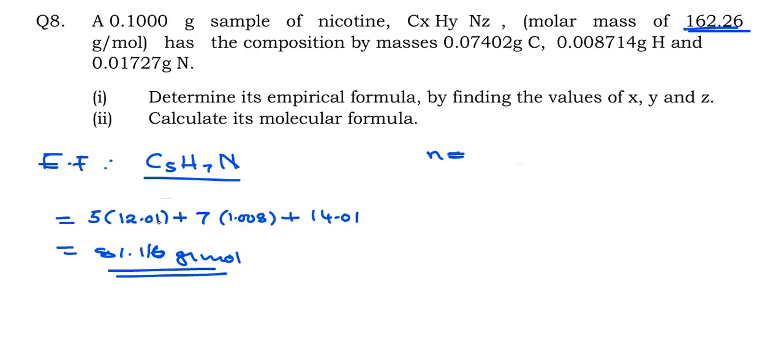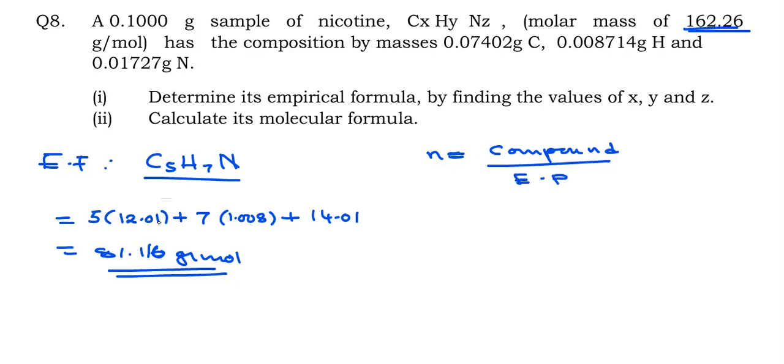Let's say that we are going to find the value of n, even if we don't call it the number of moles, because this is just now going to be the ratio of the molar mass of the compound which has been given over the molar mass of what? Of the empirical formula which we just found.